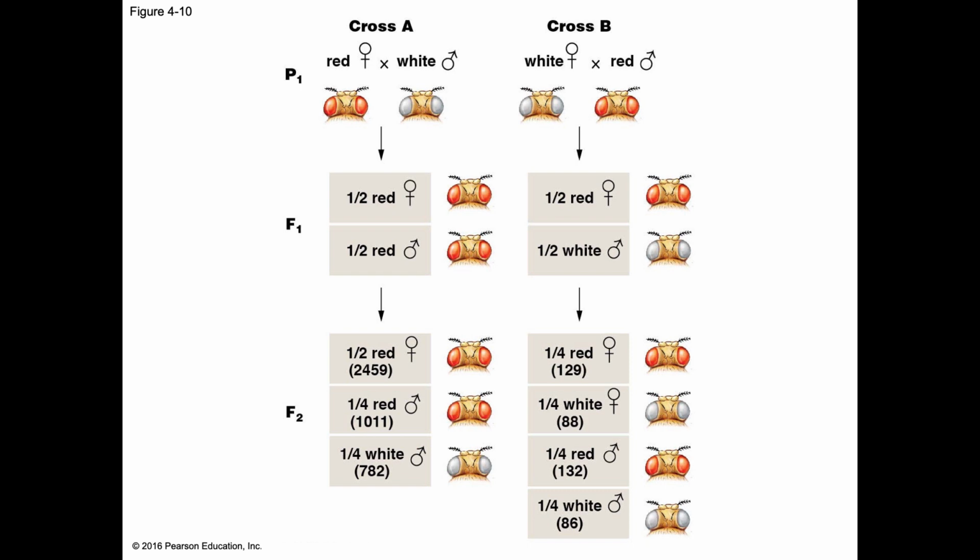They all have red eyes. Unfortunately for the males resulting from this cross, because both of the females' X's are recessive, all of the males have white eyes. And so in this case, you see a ratio of 50% female offspring with red eyes, 50% male offspring with white eyes. And then you can do the cross again.